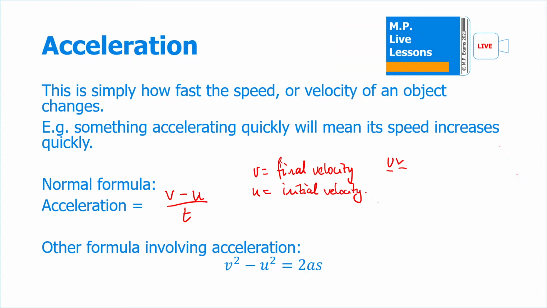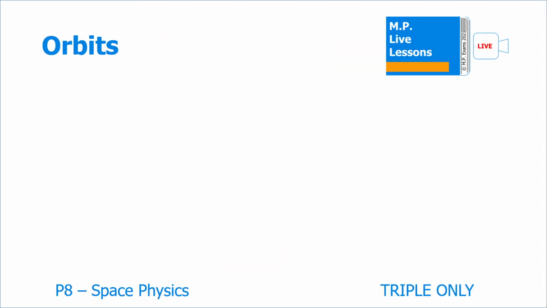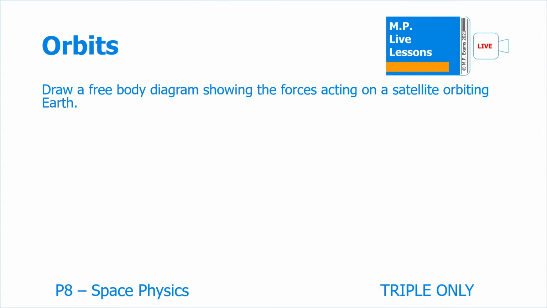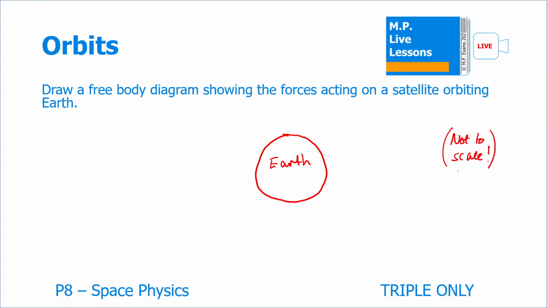Now, linking to some triple-only content is some space physics again with orbits. So I'm going to draw a free body diagram showing the forces acting on a satellite orbiting the Earth. So let's say in the middle we have the Earth. Remember, this isn't to scale. Let's say we have our satellite.